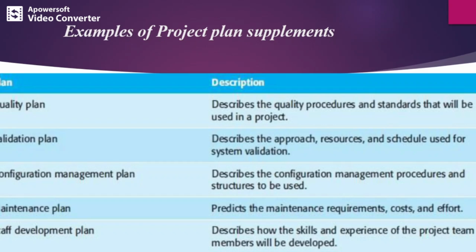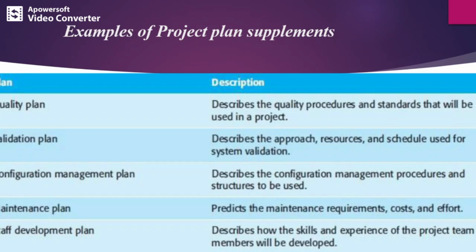In this plan you set standard quality procedures and methods that will be followed in order to produce good quality software. So this plan will include all the quality procedures and standards that should be used while developing the project.